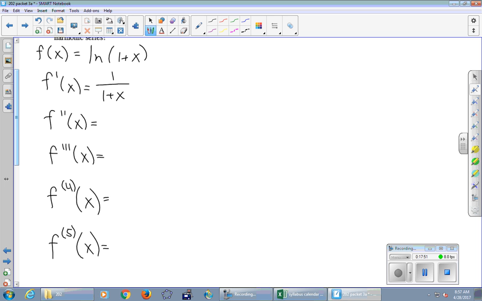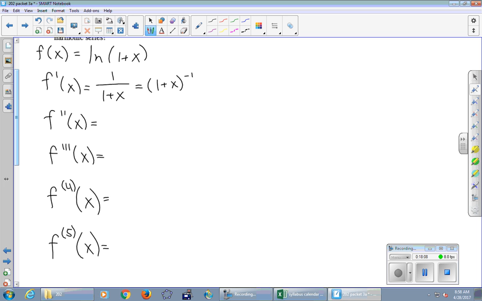I think we should rewrite this here, because if you leave it in fraction form, you might do quotient rule, which is okay, but it's just bigger and messier than what it will be if we just rewrite it like that. So let's do that.